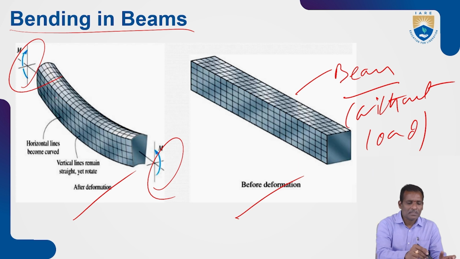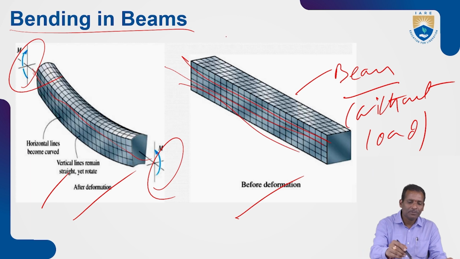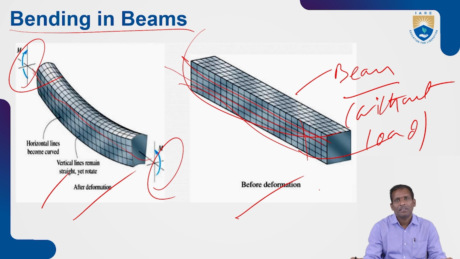The horizontal lines become curved, but the vertical lines remain straight and only rotate. Some deformation will occur, and that phenomenon is called bending.